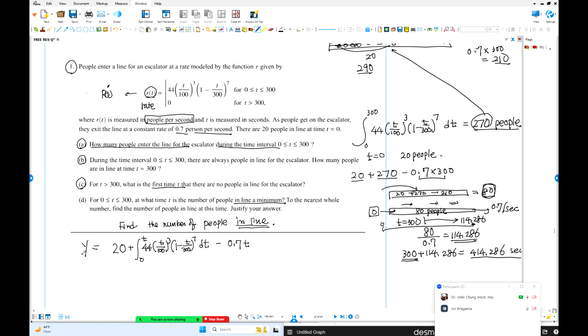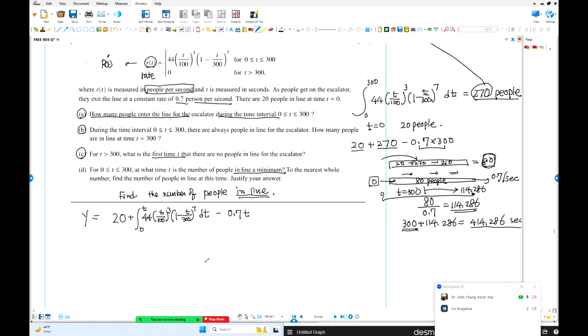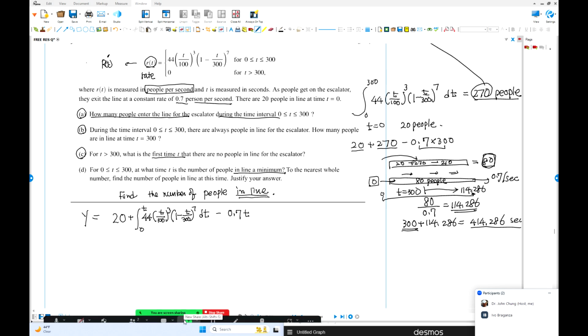Using this, you can use this graph and find out the answer. Now let's find the minimum value of this one. Maybe I can show you the graph of this. Just give me 1 minute.